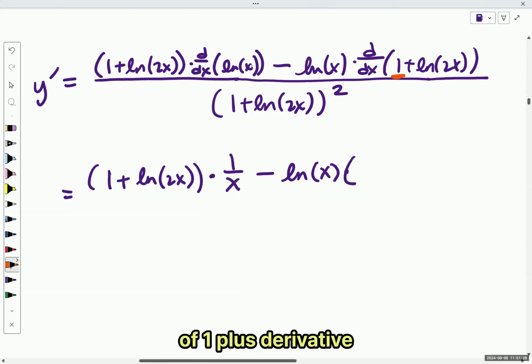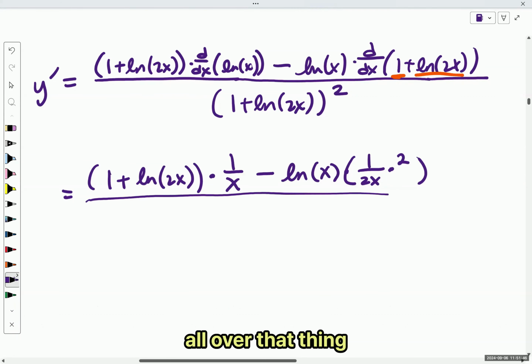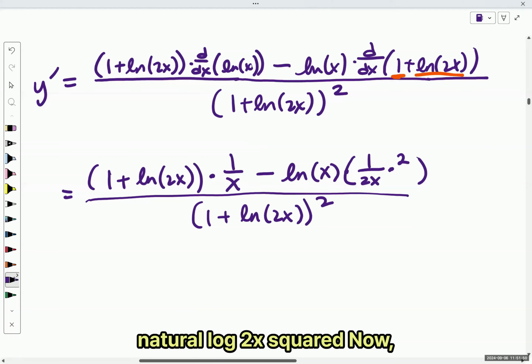Derivative of 1 plus derivative of natural log 2x. One over 2x times the derivative of the inside, derivative of 2x is 2. Good. All over that thing squared. 1 plus natural log 2x squared.